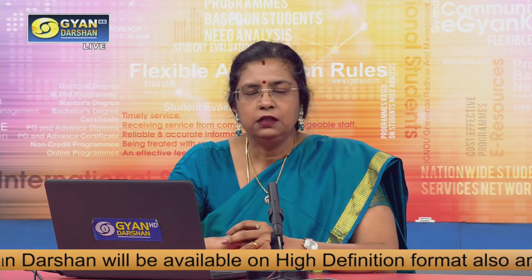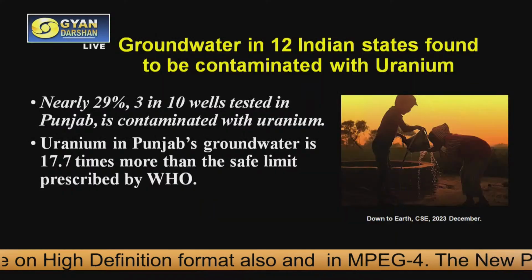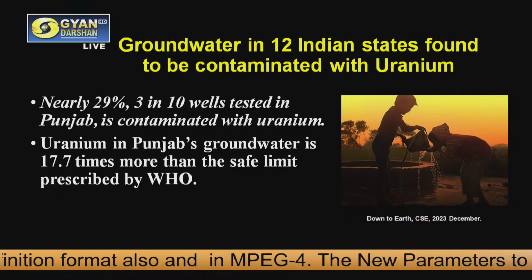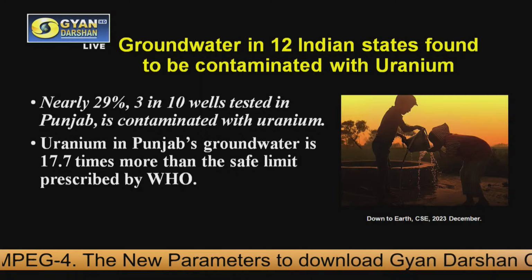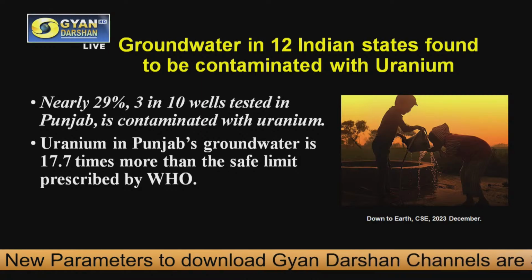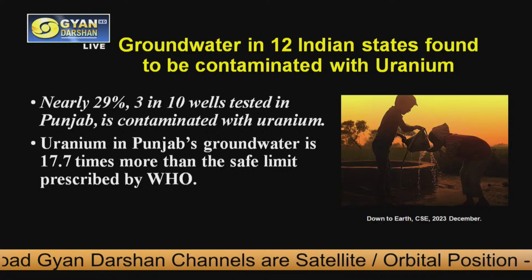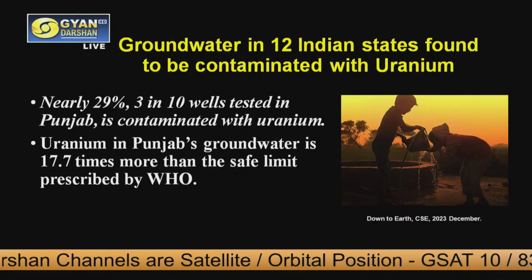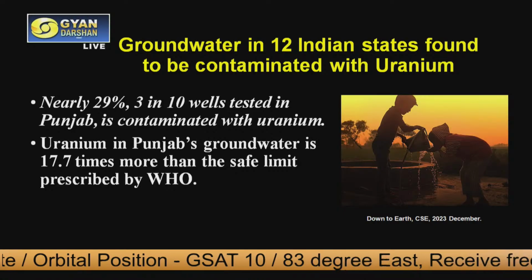Now there is a shocking fact that the groundwater in 12 of the Indian states is polluted with a radioactive substance, that is uranium. Nearly 29%, that is 3 in 10 wells tested in Punjab, is contaminated with uranium, which is a radioactive substance. So you can see the consequence radioactivity can have on a human body.